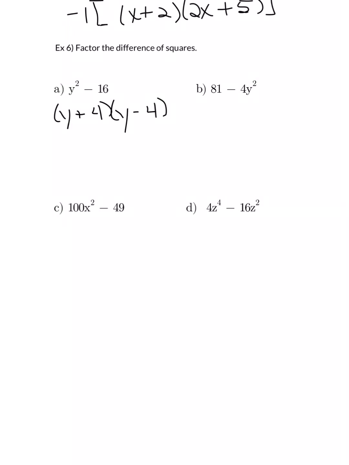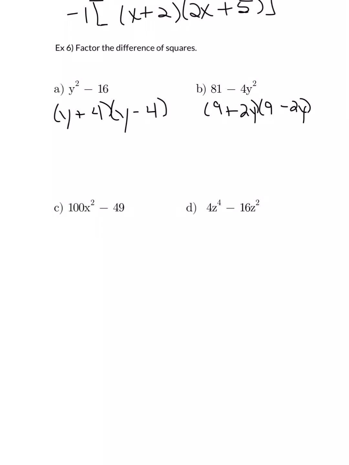On the second one, we have 2 terms. Subtraction between them. Both are squares. The square root of 81 is 9. The square root of 4y squared is 2y. One's positive, one's negative. I tend to write plus first, minus second, but you can write it either way.